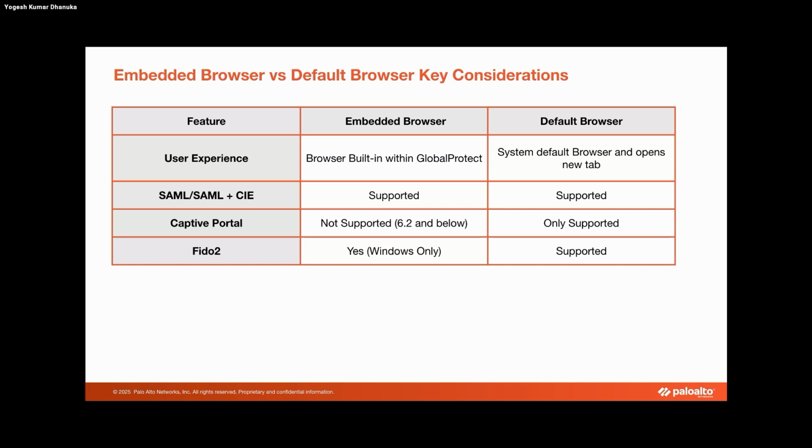They might run into some issues where the captive portal is waiting to be authenticated. You need to enter some credentials or SMS, those kinds of details, but because the user doesn't know where to go, that times out, and then the GP is not connected. So from 6.3, that is also supported. We'll discuss more about captive portal workflow in tomorrow's event.